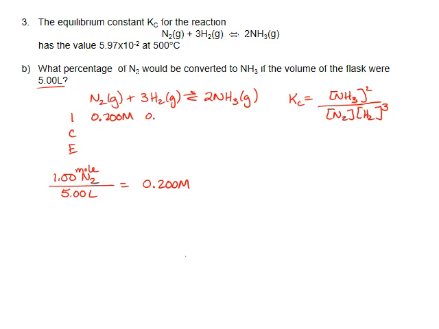And we have the same for the hydrogen gas. We'll start with 0 of the ammonia gas. For the change row, we have minus x for the nitrogen, minus 3x for the hydrogen, and plus 2x for the ammonia. Again, because we know since there were no products initially, the reaction must shift forward to produce at least some products at equilibrium.